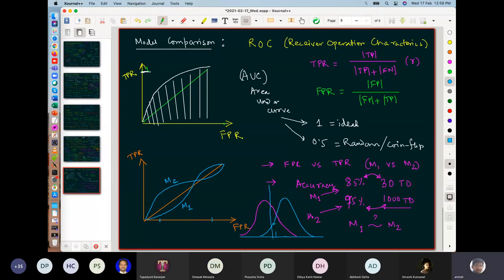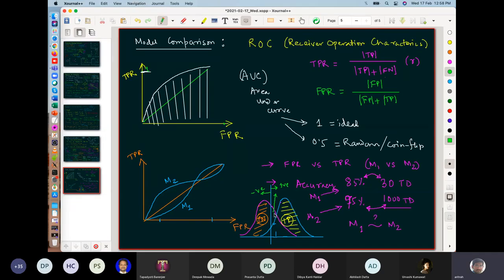And suppose your actual class boundary line becomes this, then you can see that this factor here is actually true positive cases. This side is actually true negative cases. In between, your class boundary is here, so this side is positive and this side is negative.